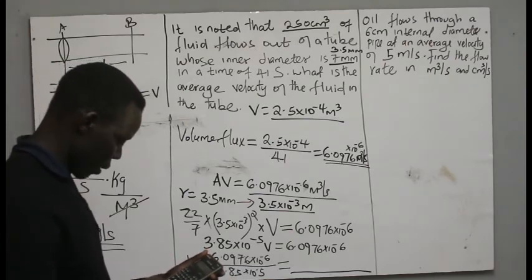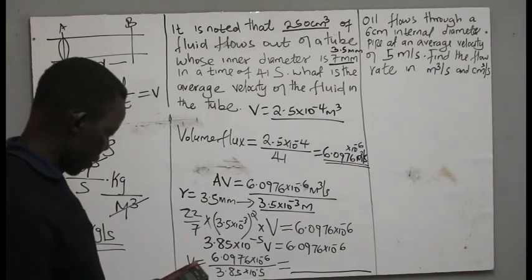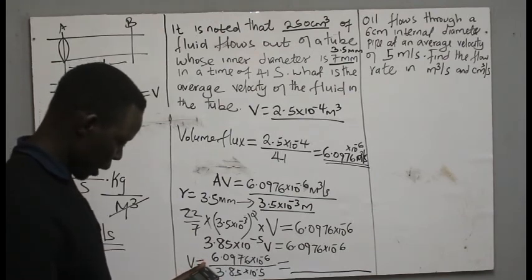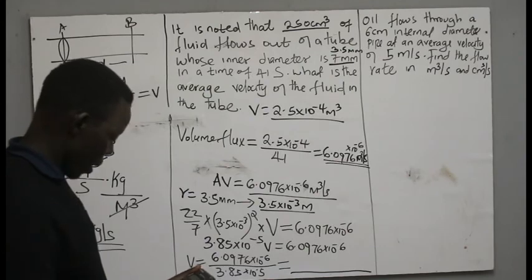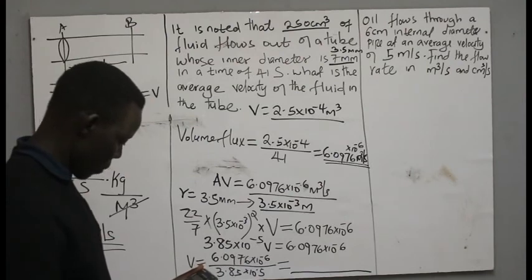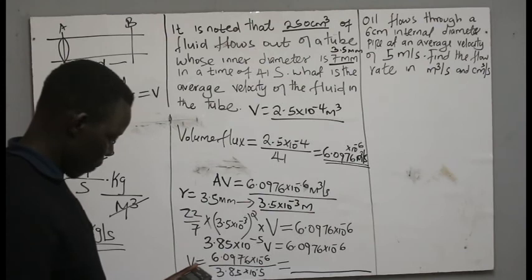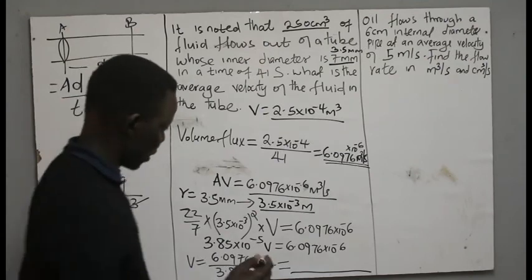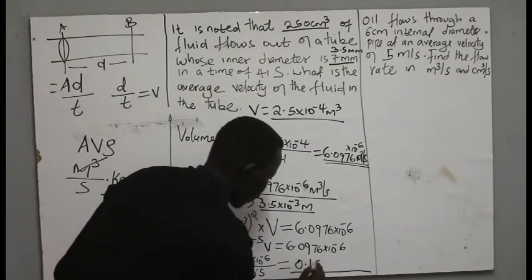6.0976 times 10 power negative 5 negative 6. You close the bracket, you divide by 3.85 times 10 power negative 5, and you still get 0.158.